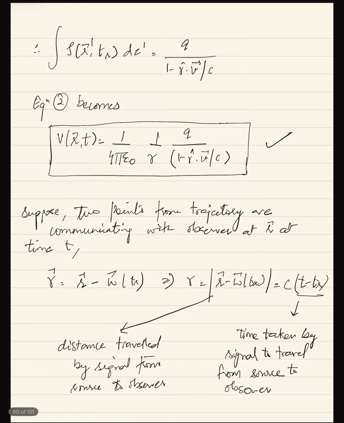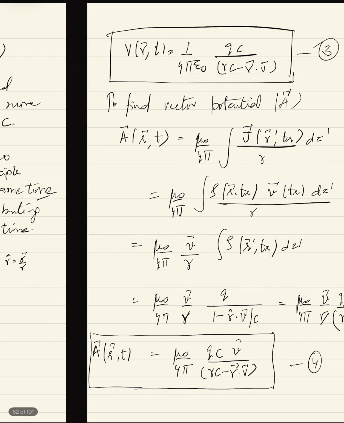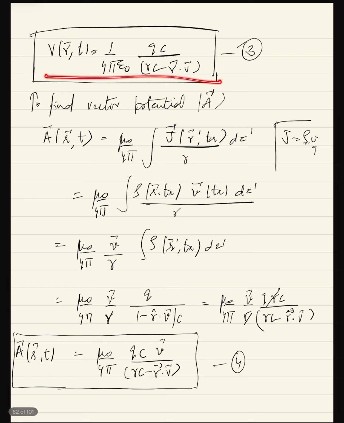So going back to here, 1 over 4 pi epsilon naught, 1 over r, q, we can simplify this by putting r cap equal to r vector by r. You will do some calculation, and this will be the scalar potential, right? And to find the vector potential, mu naught over 4 pi, we have j(r', tr) d tau'.